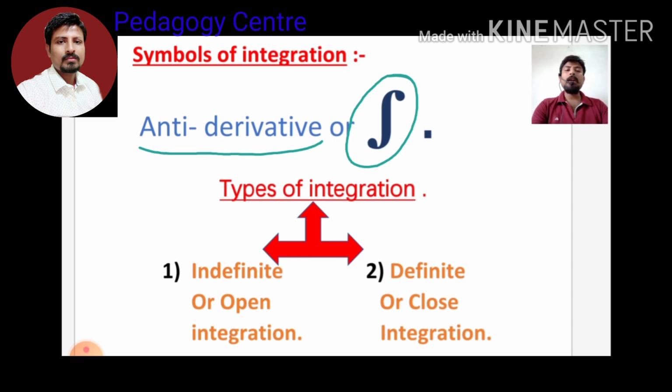It means if you have a function, a surface, or a particle, and you know the function of that particle or surface, but that particle is tiny, then if you use the concepts of integration, you can easily find the area of that tiny particle.